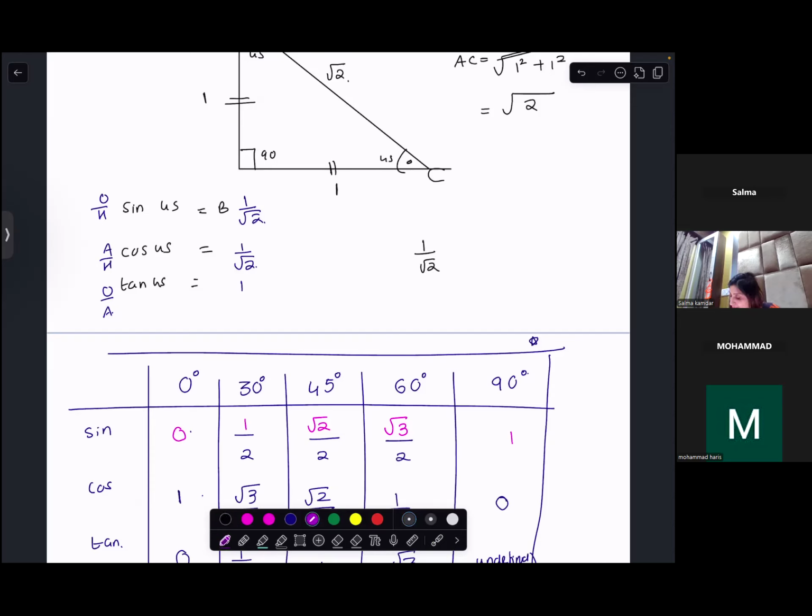If I do not want the root in the denominator, I would rationalize. So this will become root 2 by 2. Are you with me?